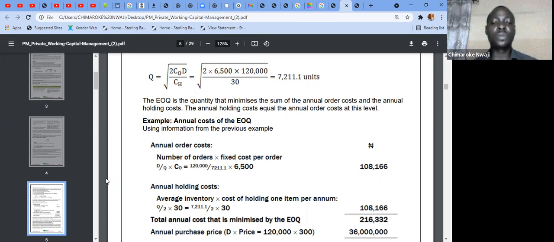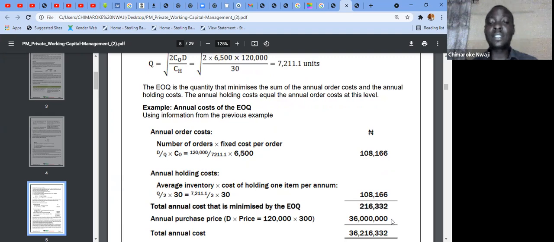using the EOQ. And so when you add them together here, you have 216,332. That is the total annual cost that is minimized by the EOQ. If you have to bring in the purchase price, you are buying 120,000 units, each of them is 300 naira.